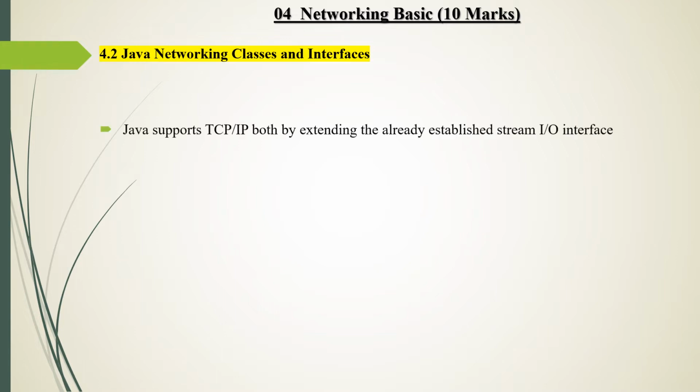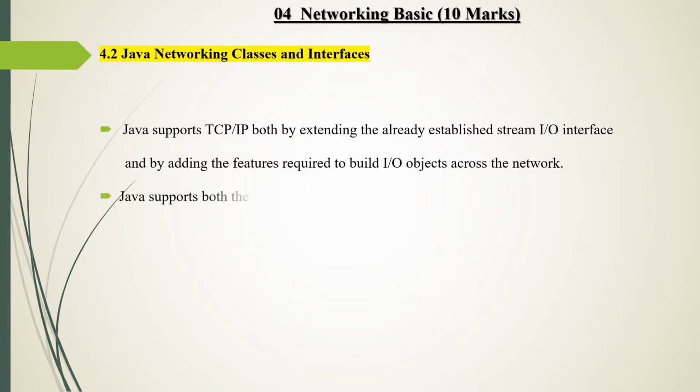Java supports TCP/IP both by extending the already established stream I/O interface and by adding the features required to build input-output objects across the network. So remember one thing, when we discuss networking in Java, we use the java.net package, which supports TCP and IP by extending the stream I/O interface.